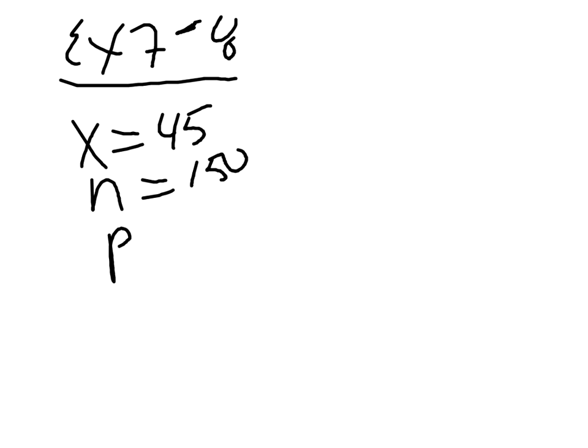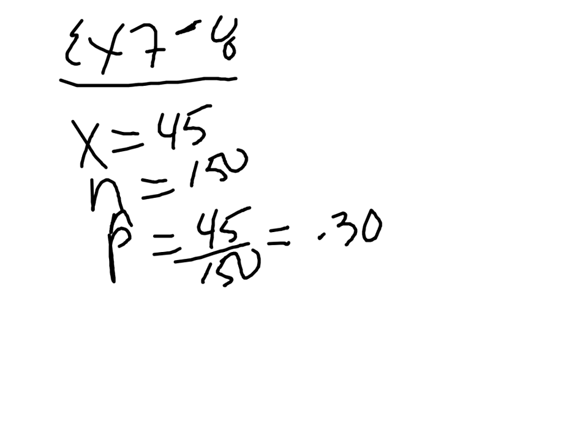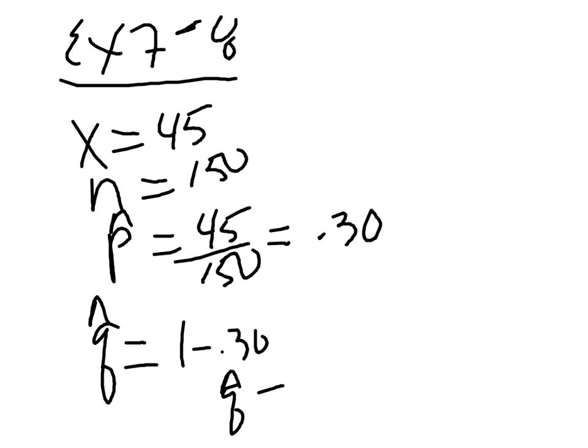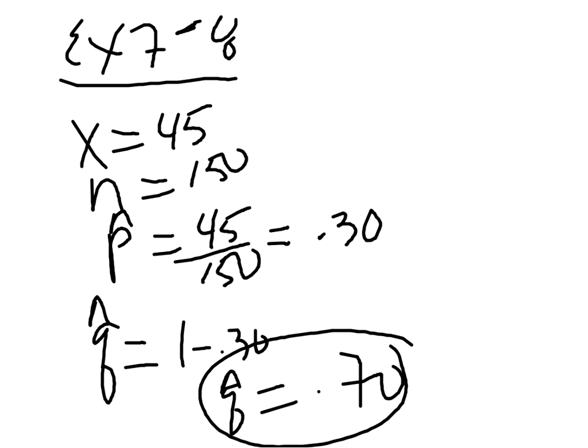So p hat, our sample proportion, would be 45 over 150, which as a decimal equals 30%, or 0.30. The minute we know that p hat is 0.30, we go q hat equals 1 minus 0.30, or q hat equals 0.70. We don't need to go through that intermediate step.